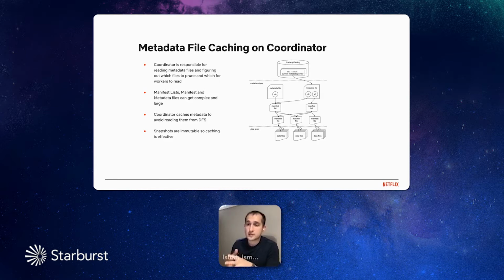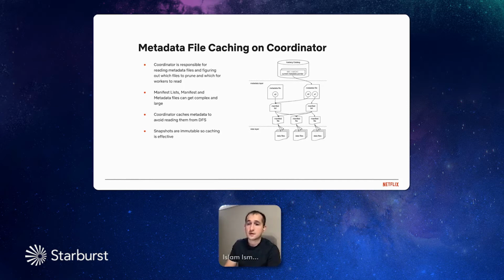They can get quite big, in megabytes, and caching them was very important for speeding up the query planning stage, as well as the scan and project stage. So in our case, the coordinator caches the metadata on an SSD EBS volume.